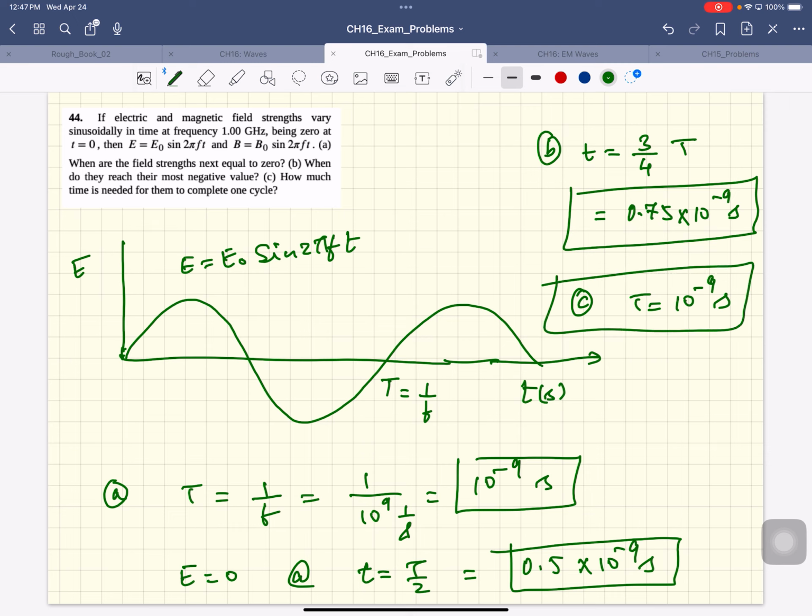We calculated that first and then answered everything else. So did you guys understand that? The most negative value, for instance, you would put that to be 3 pi by 2.